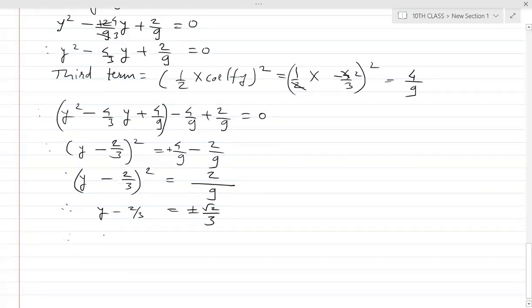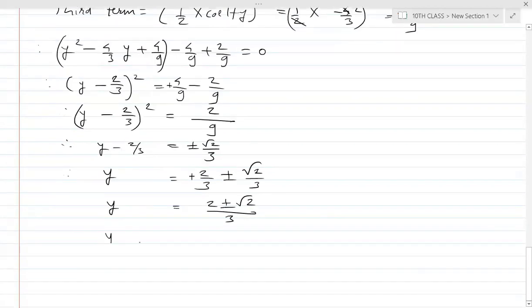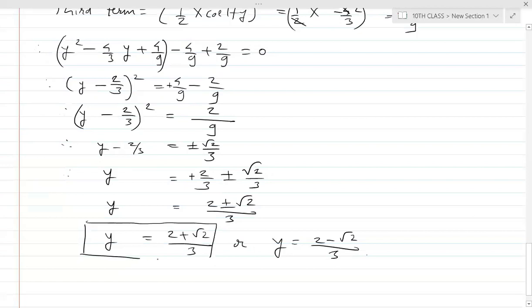Therefore y equals 2 by 3 plus minus root 2 by 3. We can also write this as 2 plus minus root 2 upon 3. So the value of y can be written in two ways: y equals 2 plus root 2 upon 3 or y equals 2 minus root 2 upon 3. Thus we got two roots of the given quadratic equation.